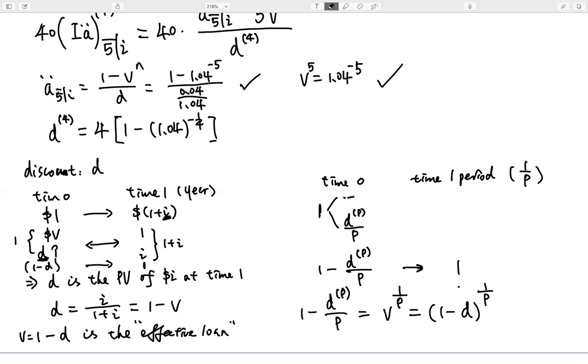That is everything you have now. Of course, here you have i, so it will be 1 plus i to the negative 1 over p. So let me conclude here for this video, and we're going to start a new section. We have 1 section left of this chapter.